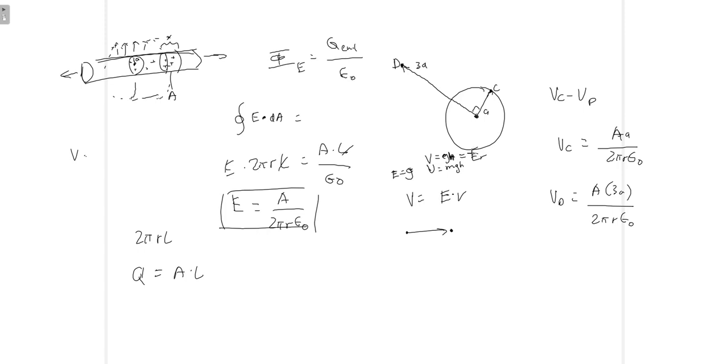Now, of course, when the electric field is varying, you do need to integrate here. But at this point charge here, I believe we just multiply the electric field times the distance. And so Vc minus Vd would be this minus this.